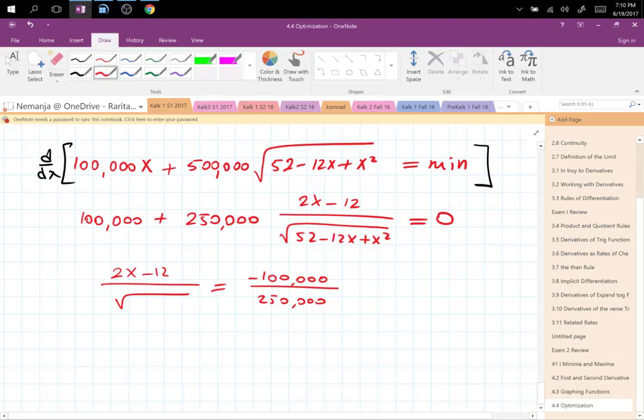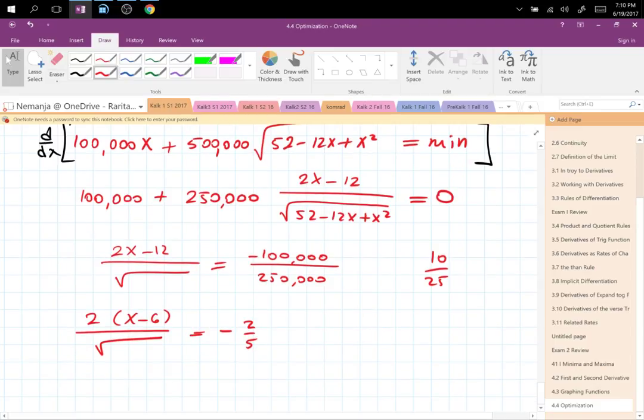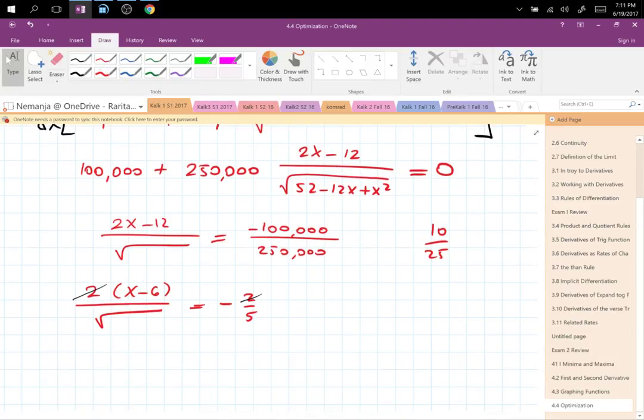You can factor out the 2 on top, get x minus 6 divided by the square root is equal to the negative, and this is going to be 10 over 25 when you cancel, and then you can divide by 5, so 2/5. And now the 2's will cancel. Such an easy problem, as you can see in calculations.